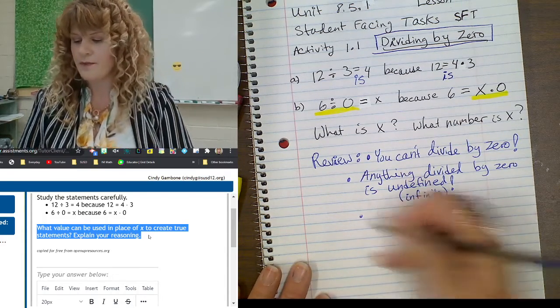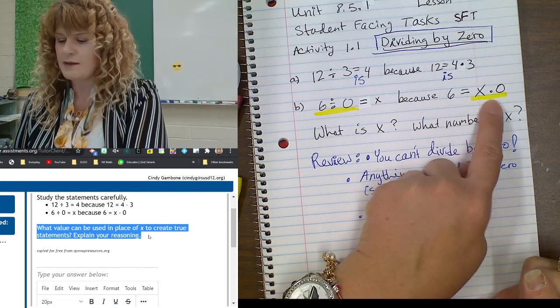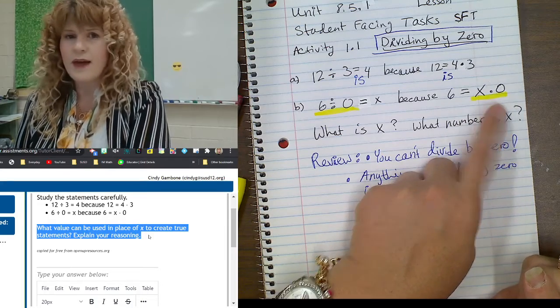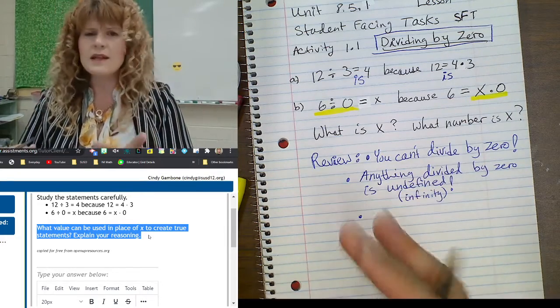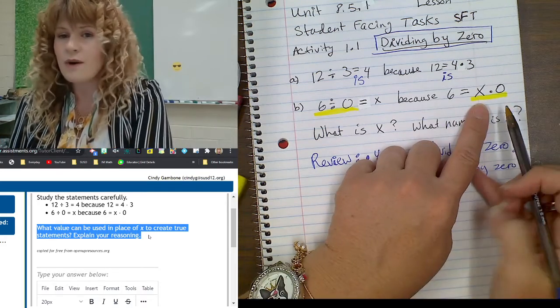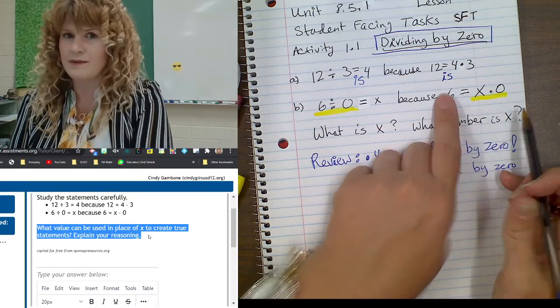One more note. Looking at this second statement here, 6 equals x times 0, there's nothing times 0 that equals 6. Anything times 0 equals 0. So there's no answer for x such that multiplied by 0 gives you 6.